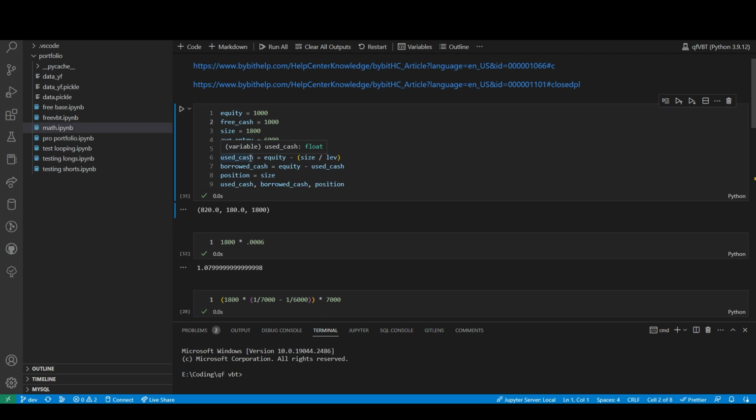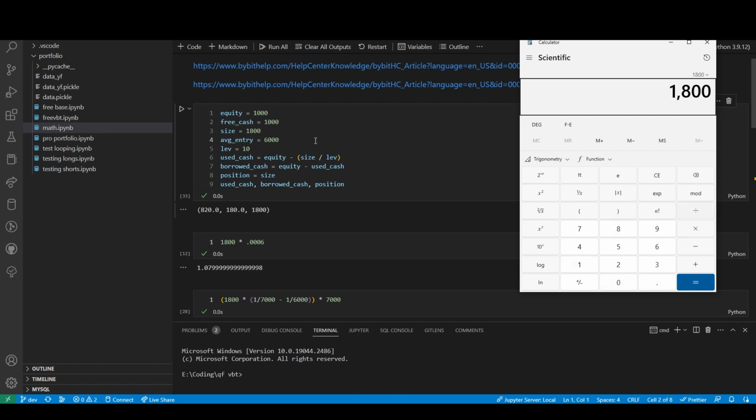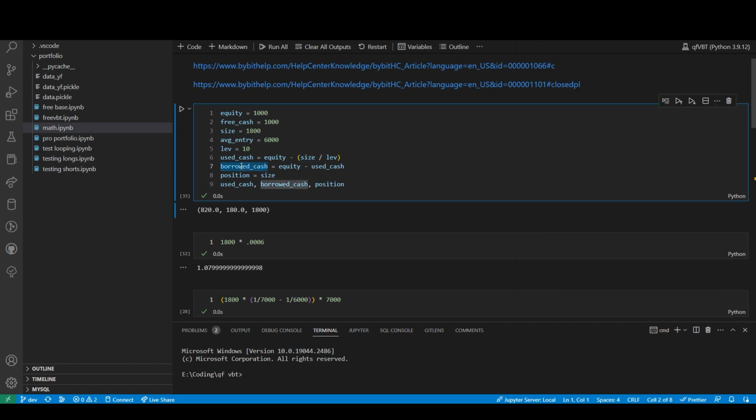So how did I use 820? 1,800 divided by 10. Oh, this is how much I'm borrowing, and this is used cash. There we go.